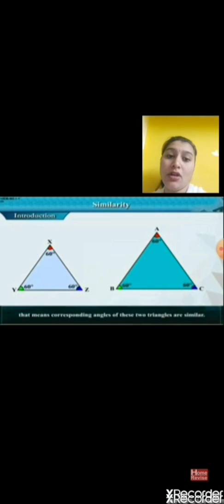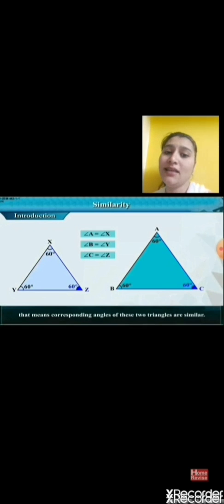So angles of these two triangles are equal. Angle A is equal to angle X, B is equal to Y and C is equal to Z. This means corresponding angles of these two triangles are equal.